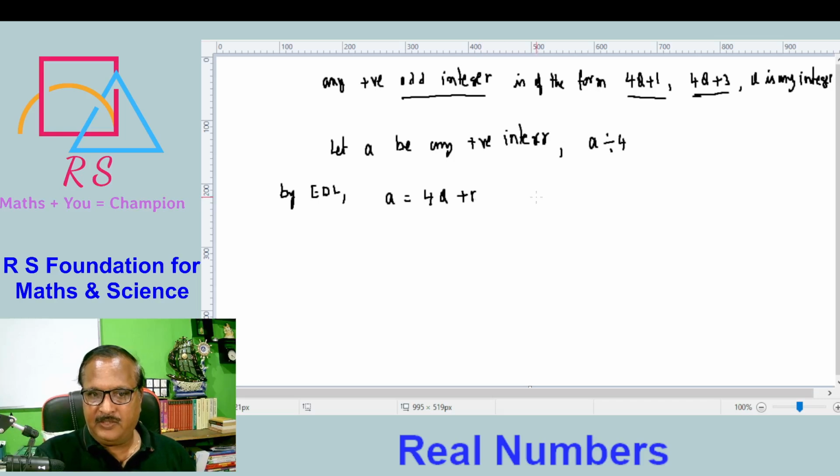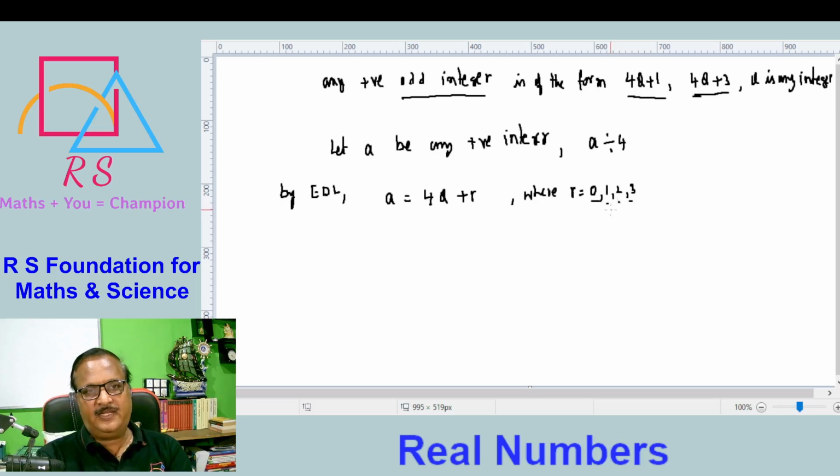Okay, so what is r? r is always greater than or equal to 0 and less than 4, so the possibilities of the remainder are 0, 1, 2, 3. Only 4 values are there.